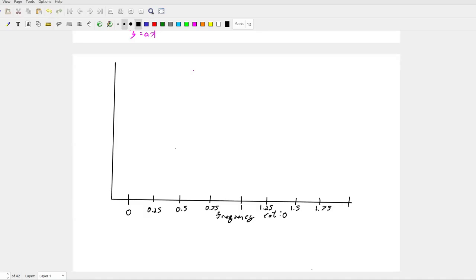And then on my left-hand side, I'm going to have my normalized amplitude. And that's going to be in units of x times k over capital F subscript 0.